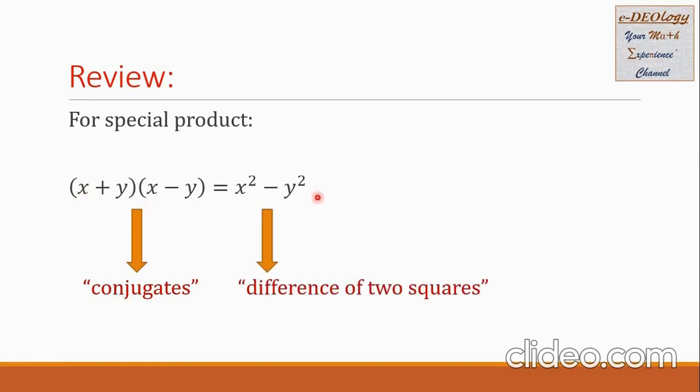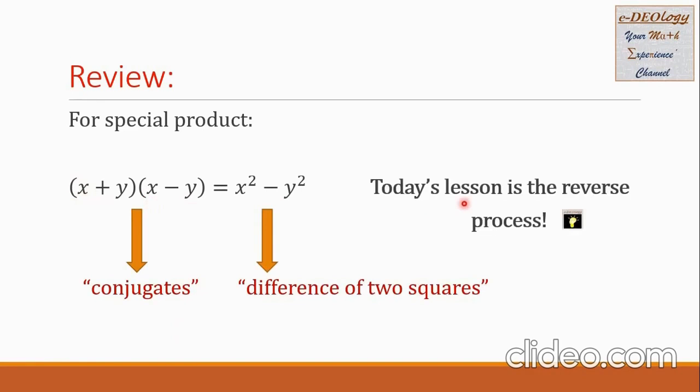When we multiply x plus y times x minus y, the answer is a binomial x squared minus y squared. The factors are called conjugates. It means the conjugate of x plus y is x minus y, and vice versa. While the product, we call this difference of two squares.